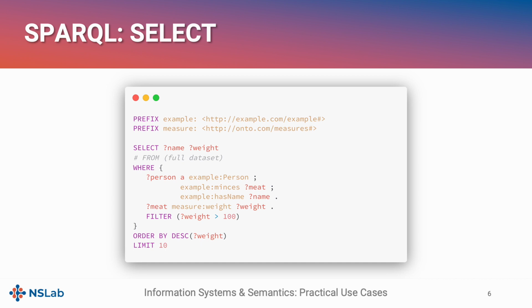So we will get a top 10 scoreboard of people mincing some meat. You can really see the similarity with SQL if you take a look at that. Just instead of joining tables in the where part, we are making some pattern matching.